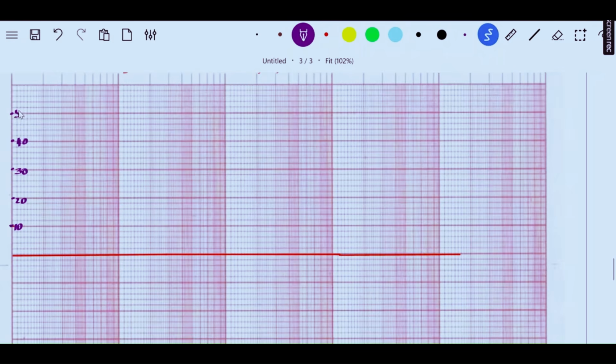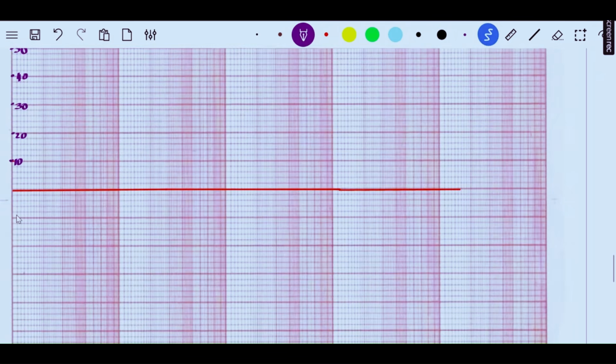I'll just take with 10 scale. And at the bottom, I'll go with the same scale. This is minus 10, so minus 20, minus 30, then I have minus 40, and then minus 50.